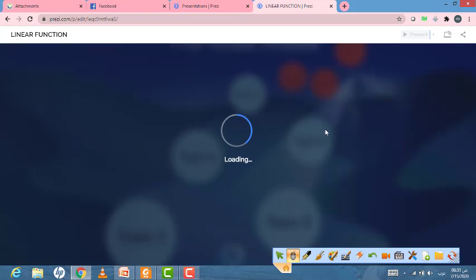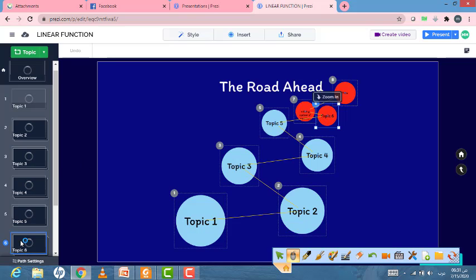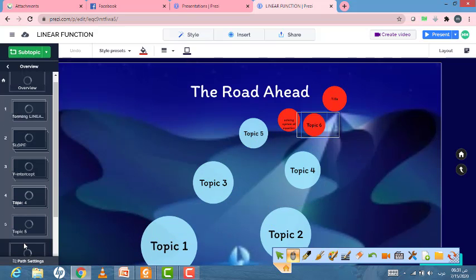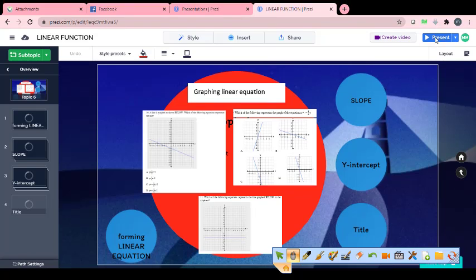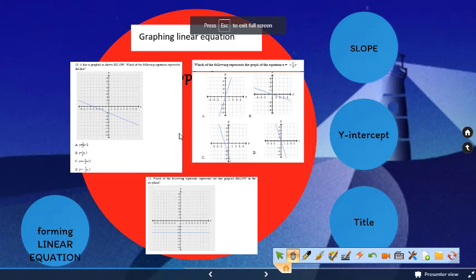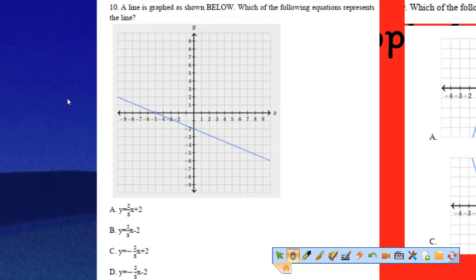If it's a given graph, how would you determine equation? Yes, like this one.